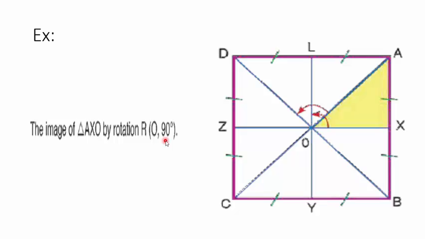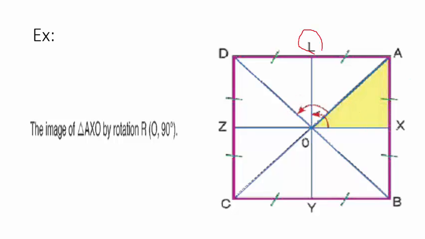But what is the direction of the rotation? It is the positive sign here. Positive 90 means we rotate in the direction of anti-clockwise. But if the angle is negative 90, then the direction will be clockwise.